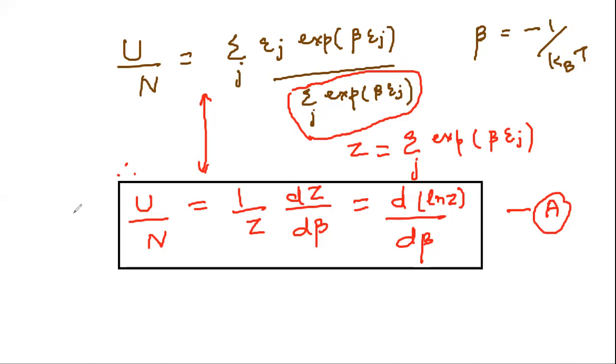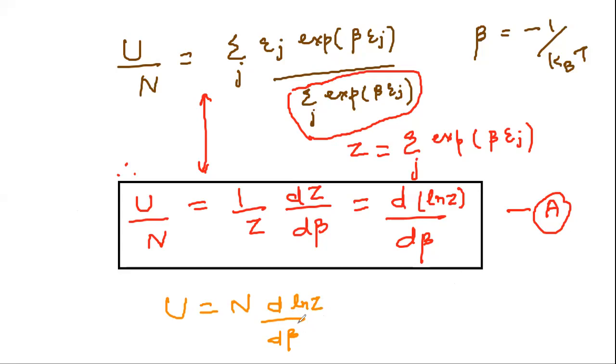I can write U equals N times d by d beta of ln Z, right? D by d beta of ln Z.